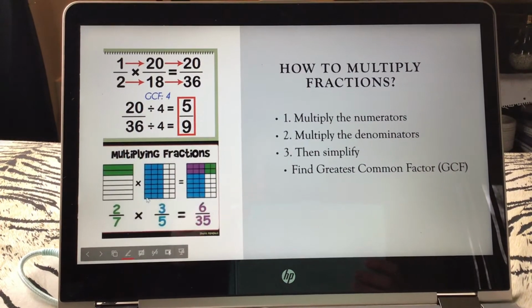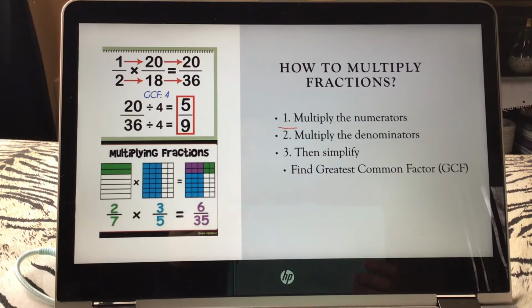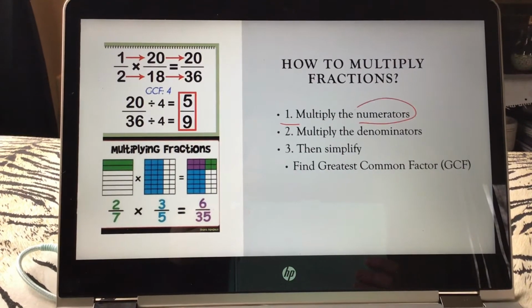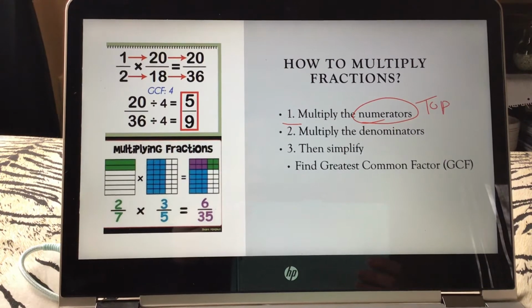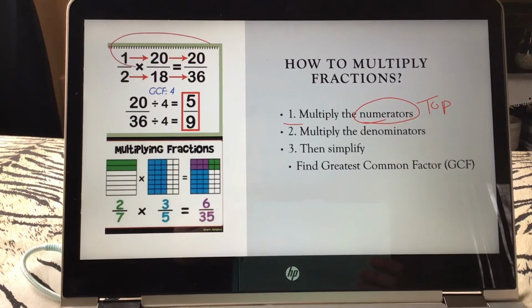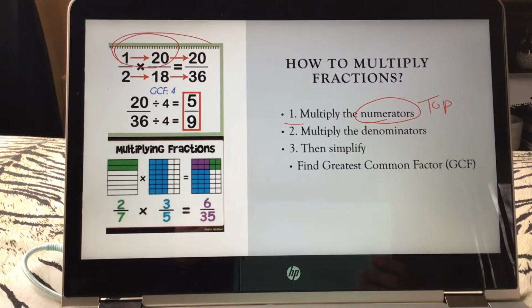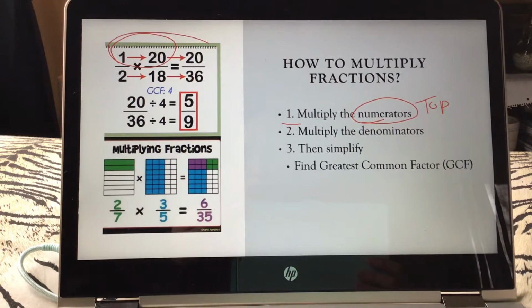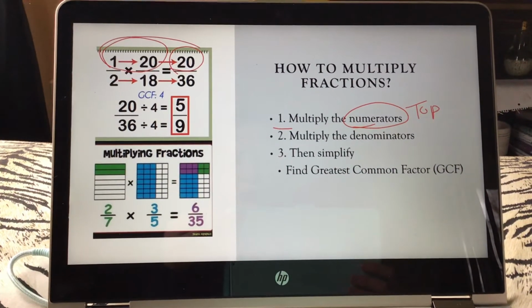For multiplying fractions, the first thing you're going to do is multiply the numerators. Numerators are the top number in your fraction. In this first picture, these right here are the numerators. They took the 1 in the 1/2 times the 20 in the 20/18, multiplied straight across, and got 20.